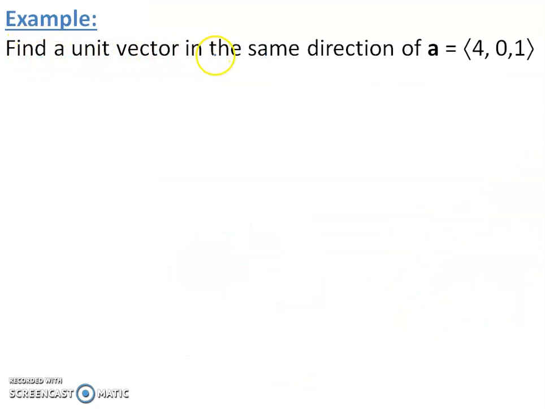Example: find a unit vector in the same direction as A. So the rule is U equals vector A divided by the magnitude of A.